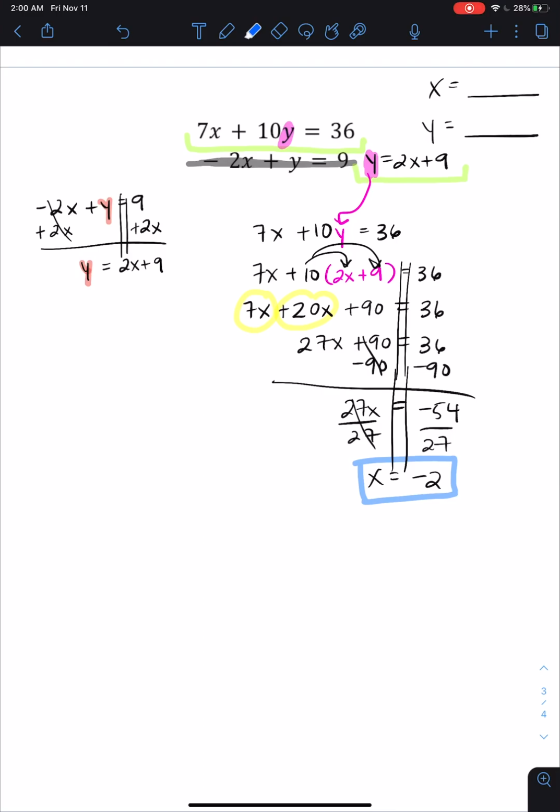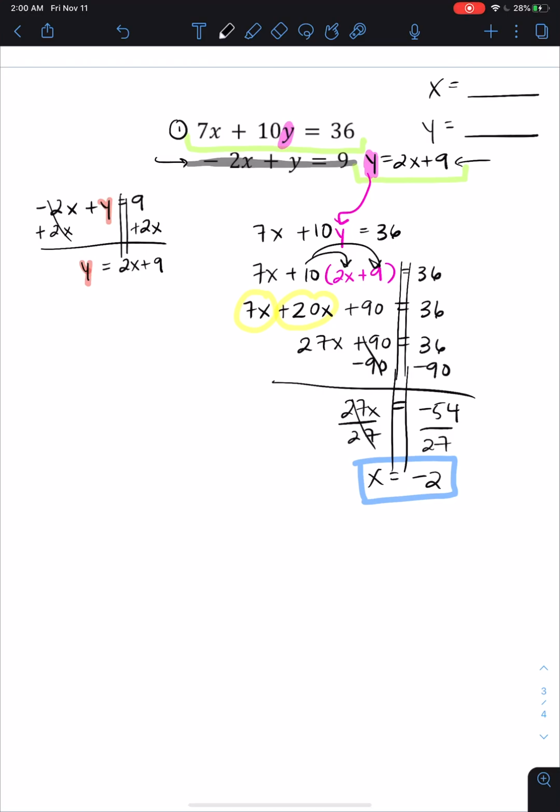We're going to go back to our original equations and see which one makes the most sense to use. We could substitute x equals negative 2 into the first equation, but that's the most complicated equation to use because it has the most coefficients in front of the variables. We could use the second equation as written, but we would have to manipulate it to get y equals.